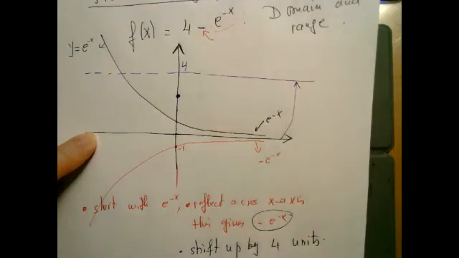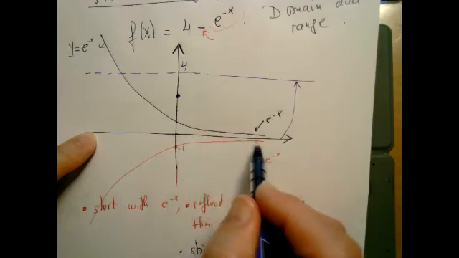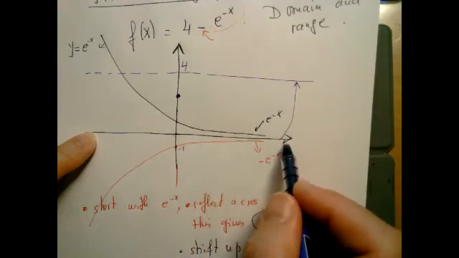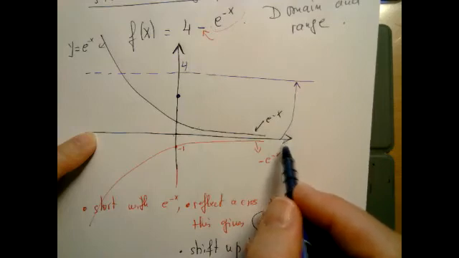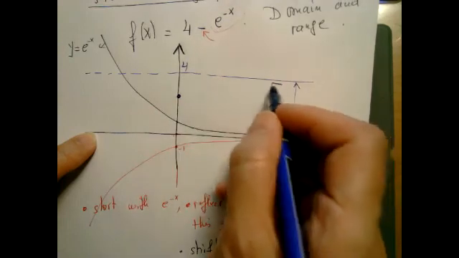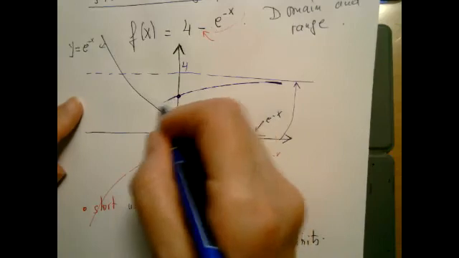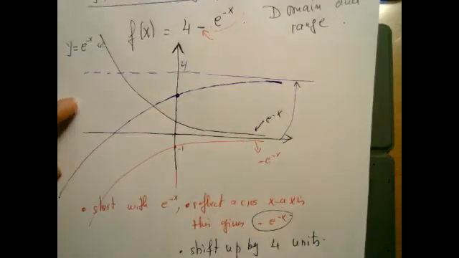So how is the graph going to look now? Minus e to the minus x, when x is large, is very close to the x-axis. So when I shift up, the values are going to become very close to the line y equals 4. So we're going to get very close here, and then keep going. So that's really my graph.